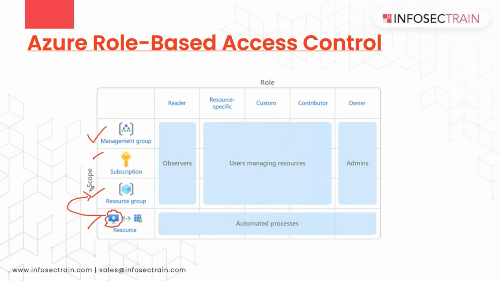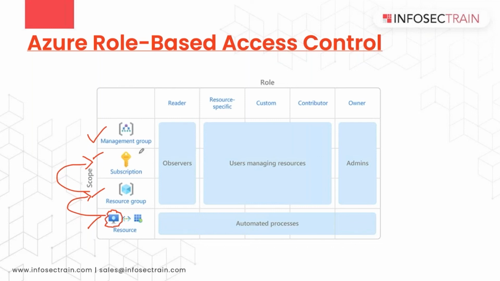So if I'm creating a virtual machine, it will belong to a resource group. Now, remember when we were creating a resource, I was selecting the subscription against which you are going to deploy it or be charged. So if I'm creating a resource, it belongs to a resource group, which belongs to a subscription. Now, one organization can have more than one subscription.